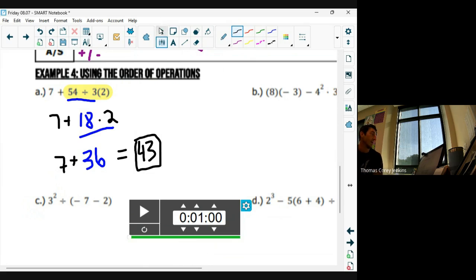Now, check this out. Your calculator does order of operations for you, okay? If I type all of that in, 7 plus 54 divided by 3 times 2, and I just hit equals, it's going to give me the same answer, right?